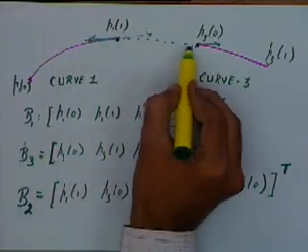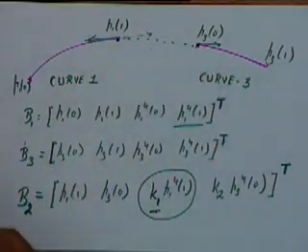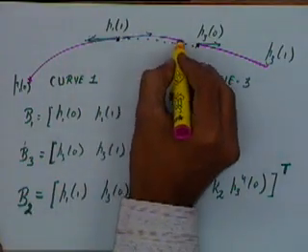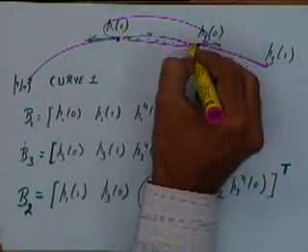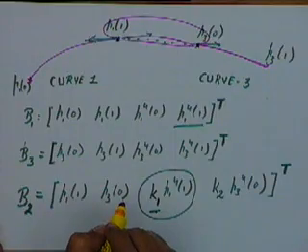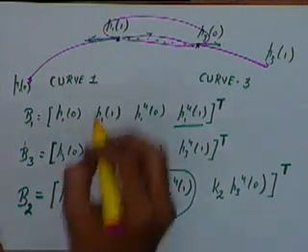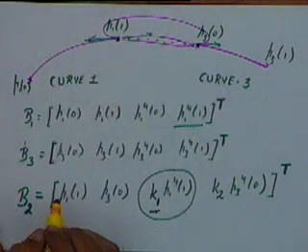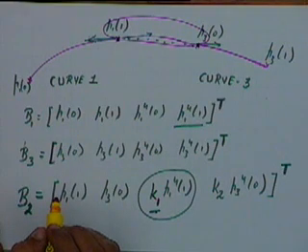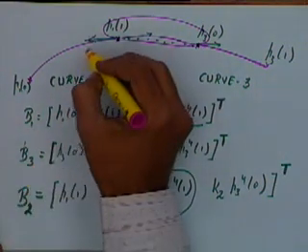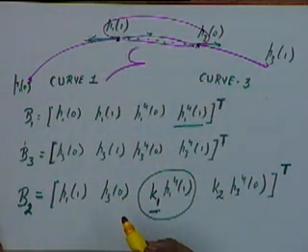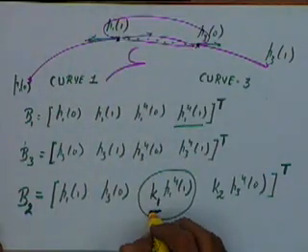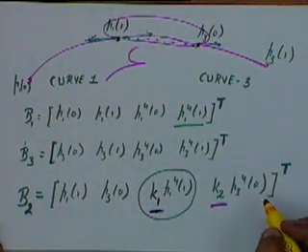Okay, my curve can be like this, or it can be like this, or it can be like this, or maybe it can also be like this. Okay, as long as the tangent at this point is the same. My first curve can come like this and the second curve can go like this. Okay, so I'll get a family of curves depending on the value of the parameters k1 and k2.